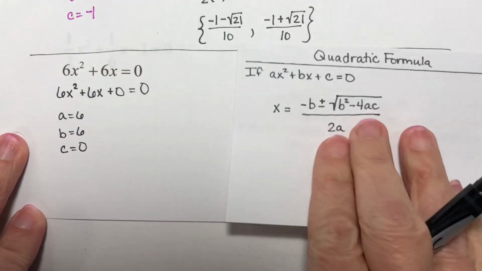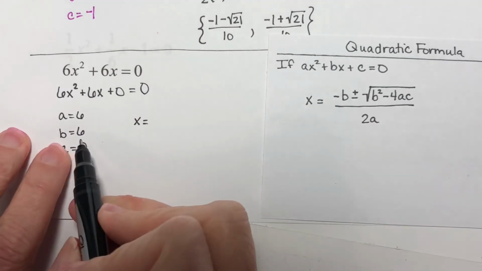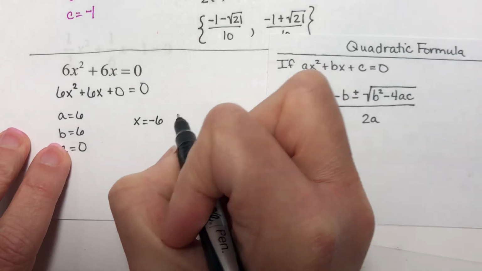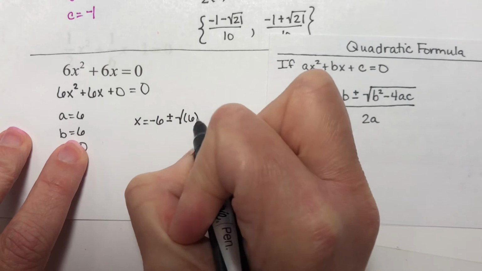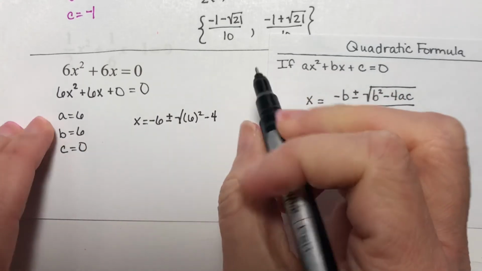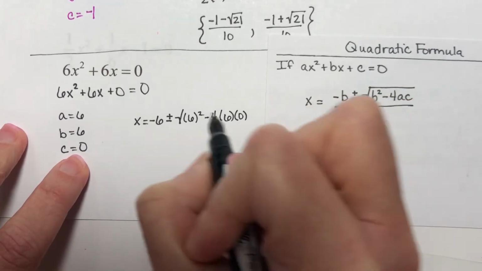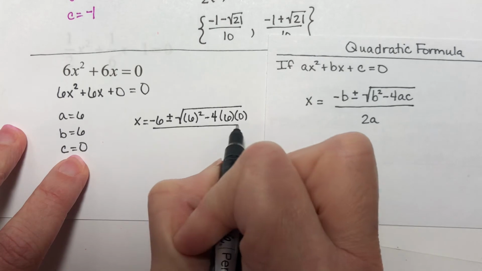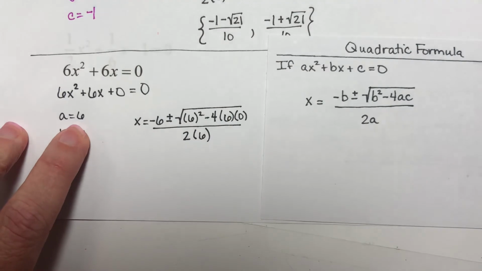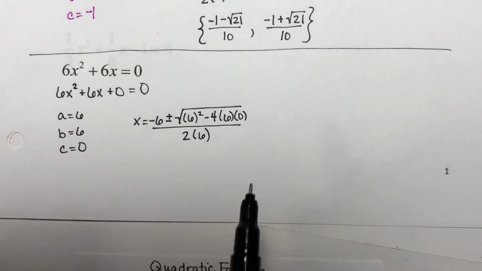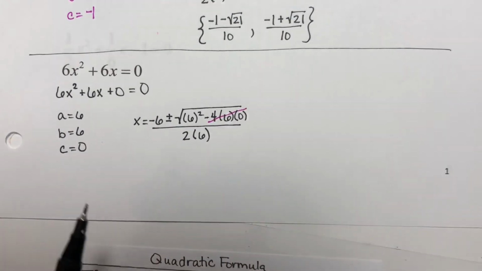Okay, so let's use the formula. x equals negative b, so negative 6, plus or minus the square root of b squared, minus 4 times a times c, and this is over 2 times a, which is 6. Well, 4 times 6 times 0, that's 0. So that just goes away.